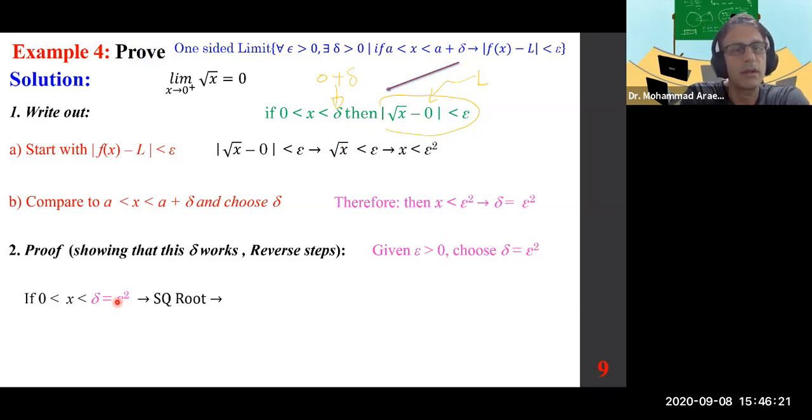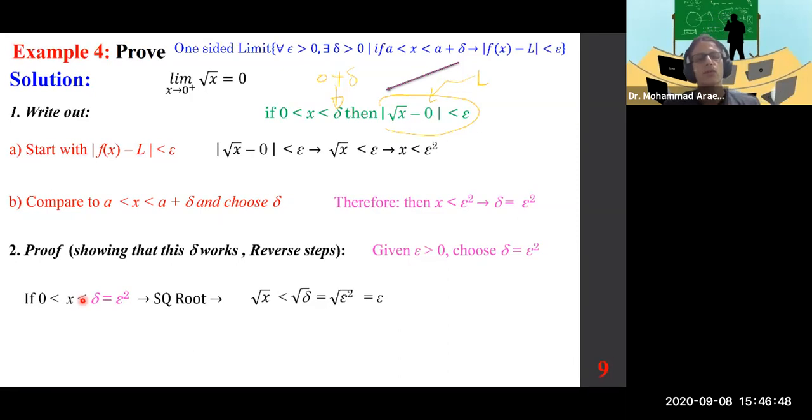Now let's take a square root. When you do that, square root of x, and by the way, all of them are positive. Epsilon is positive, delta is positive, all of them are positive values. There is no plus minus, okay? So square root of x is less than square root of delta, which is epsilon squared, and when you take a root, that gives you epsilon.